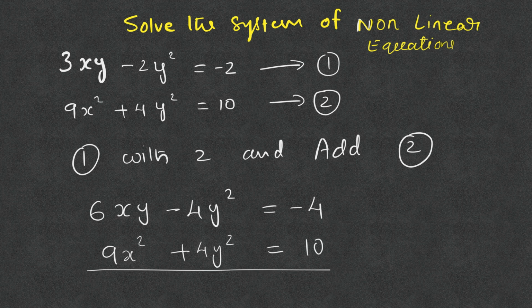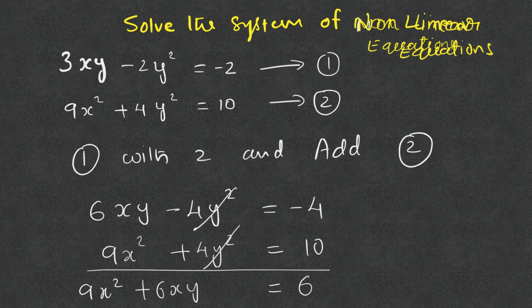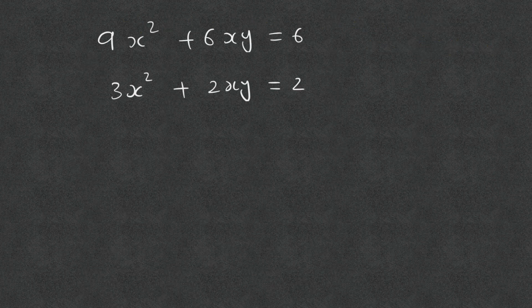When we add this, we'll have 9x squared plus 6xy, and negative 4y squared and positive 4y squared cancel. And so you have this equation equals 6. So we have 9x squared plus 6xy equals 6, which is equivalent to 3x squared plus 2xy equals 2, by dividing this equation throughout by 3.